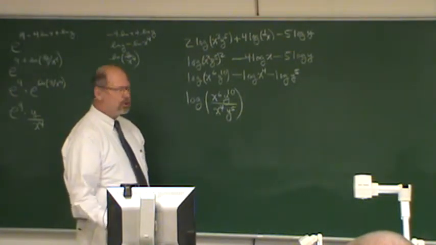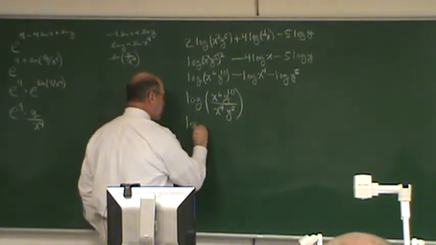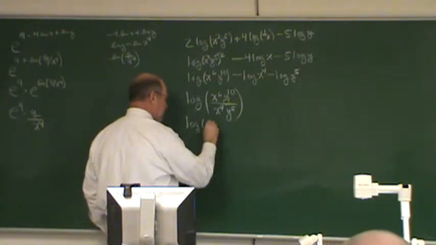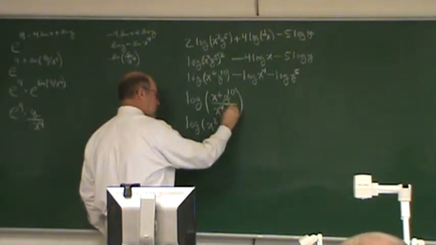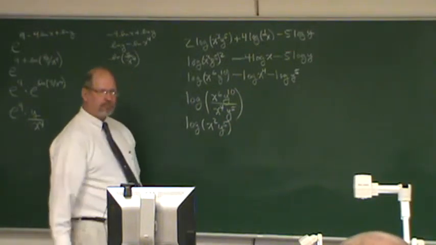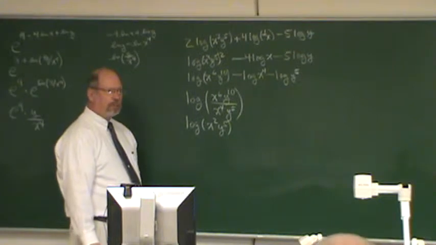Okay? And then you just simplify the argument. This gives you the log of 6 minus 4 is 2, 10 minus 5 is 5. Okay? That's our final answer there.